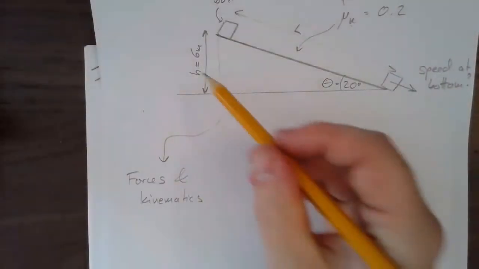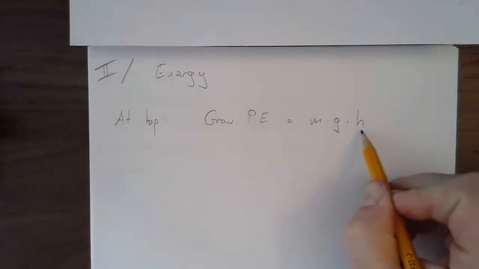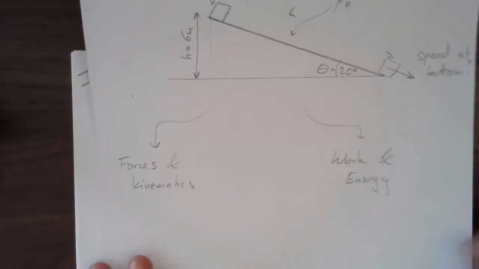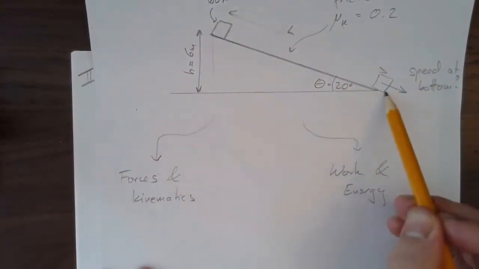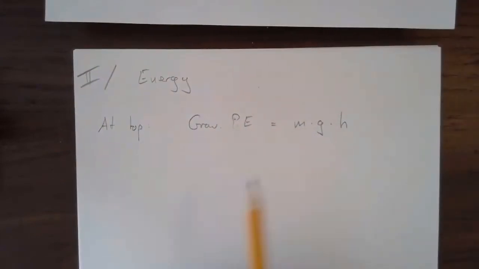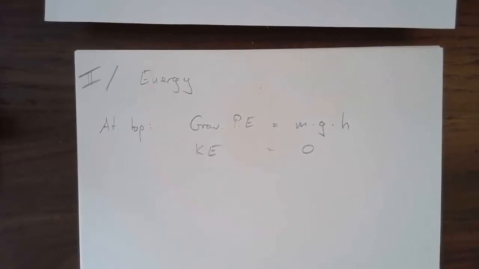What did we call the height? Oh, we called it h, so I can literally write mgh the way you remember it, right? Because I've used h for the height, and I'm saying my ground level is going to be the 0 height. Of course, that's a choice. My kinetic energy at the beginning is 0, because we're starting from rest.